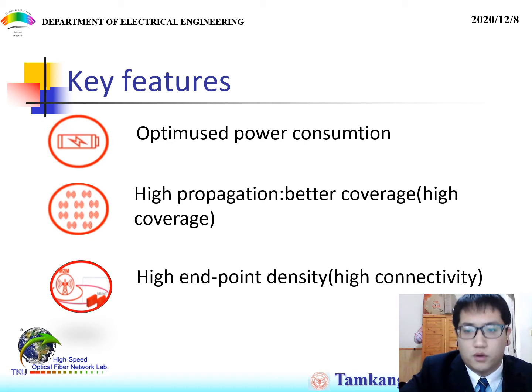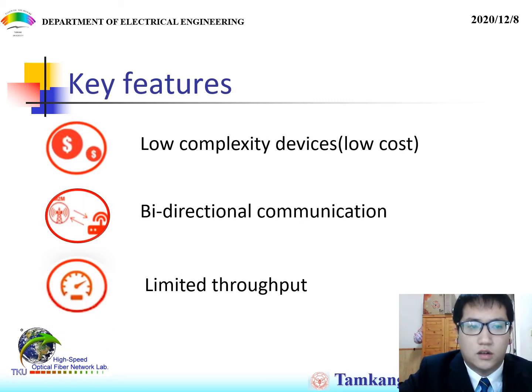High endpoint density, also called high connectivity. In the range of a base station, it can cover many sensors, and each sensor can support 50 to 100,000 connections. Low complexity devices, also called low cost.